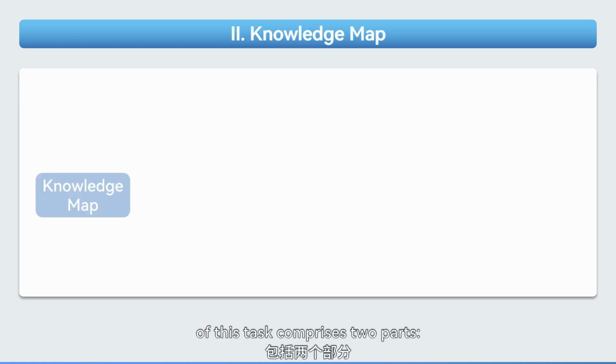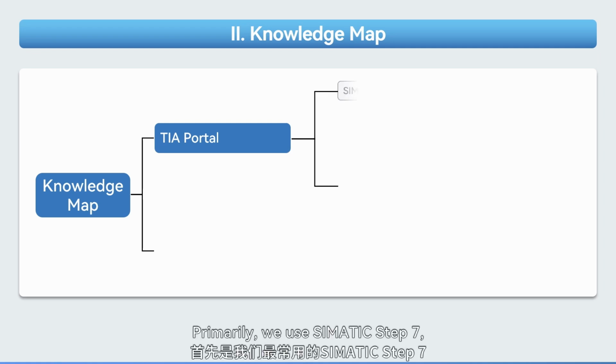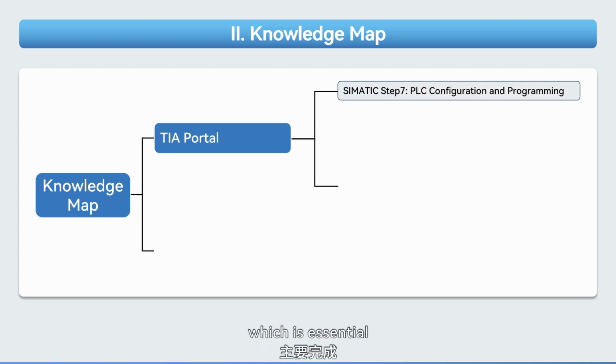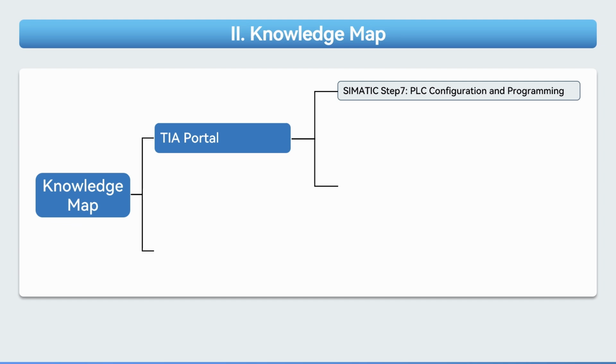The knowledge structure of this task comprises two parts. The first part covers the integrated software systems within TIA Portal. Primarily, we use SIMATIC Step 7, which is essential for PLC configuration and programming, and is the main software we will study in this course.